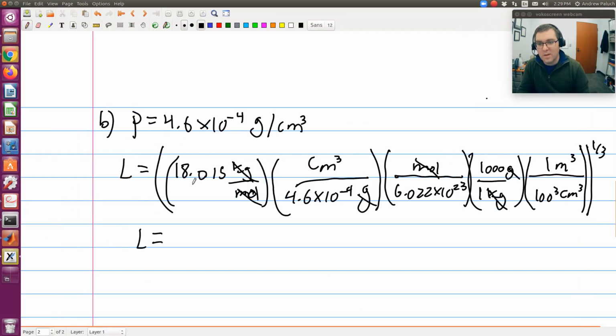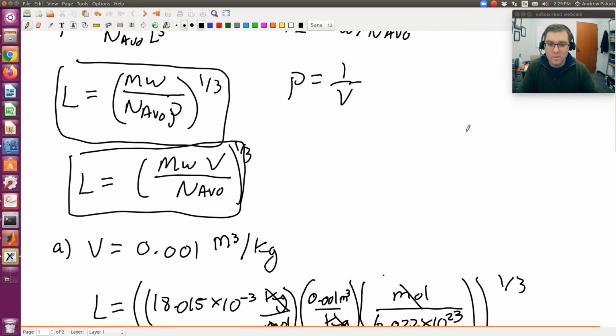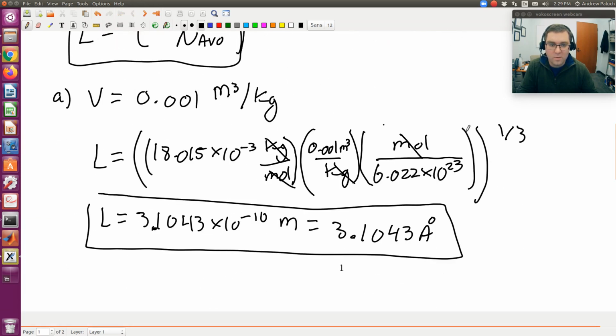So this is 18.05 times 10 to the negative 3 kilograms per mole, since we're working with kilograms. And then our density was 4.6 times 10 to the negative 4 grams per centimeter cubed. Avogadro's number, just as we had before.